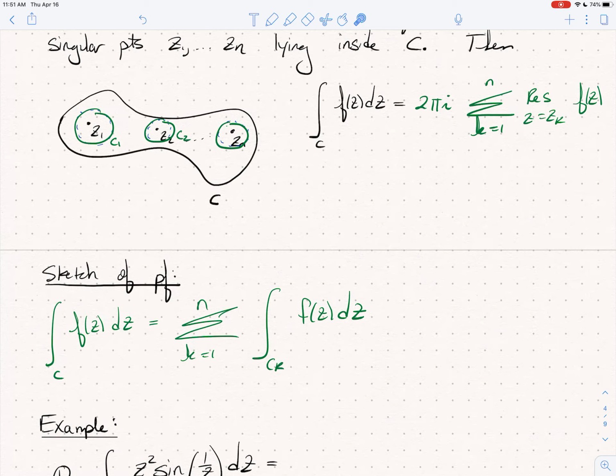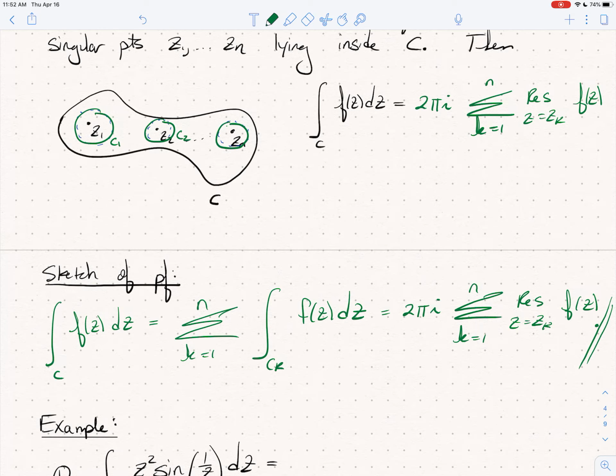So here, let's think about when k equals 1: f is analytic inside this disk except at this point z1. And just like we showed before, in each case, you're going to get 2 pi i times the residue. So we'll pop the 2 pi i out, and we'll write this as 2 pi i times the sum of the residues, k equals 1 to n, of the residue at z equals z sub k of f of z.